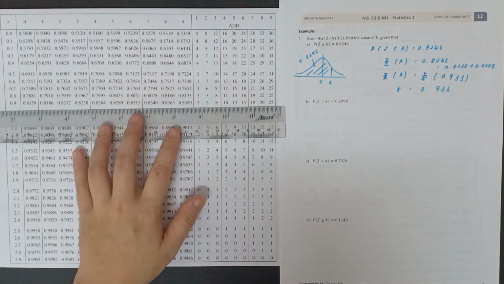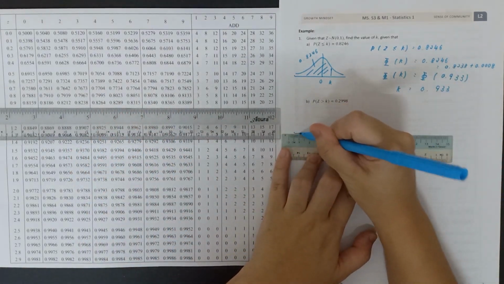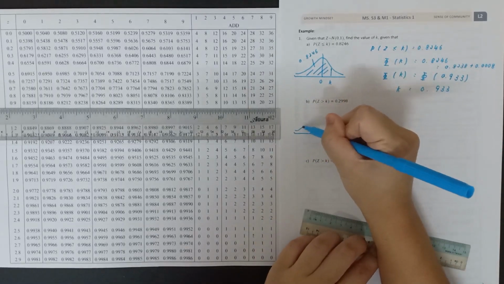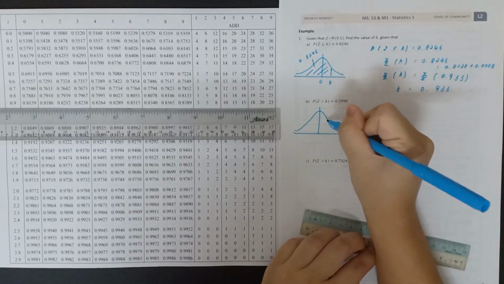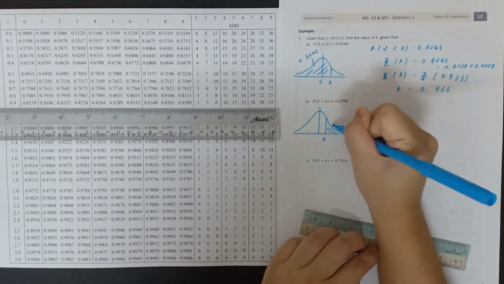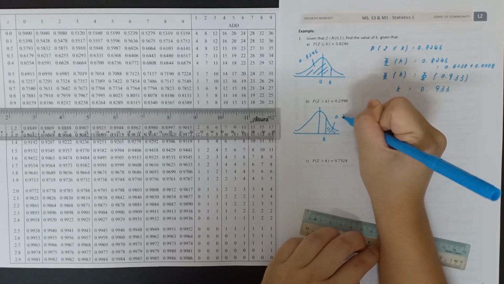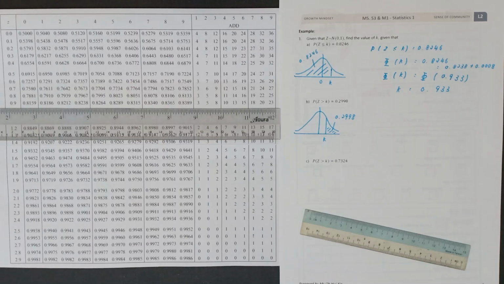Same thing, the K here will be at the positive side also. Because if you draw it on the negative side, you are going to get an area that is more than 0.5. So I'm going to have K here, which will give me a number that is smaller than 0.5, which is logical here.